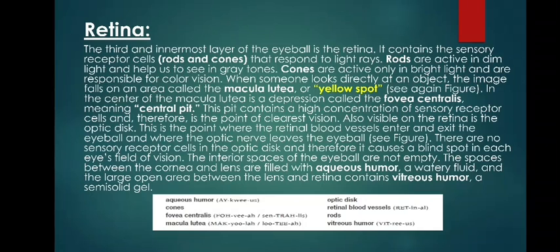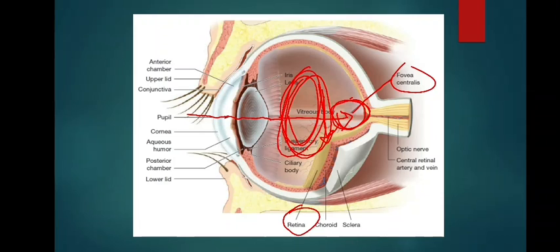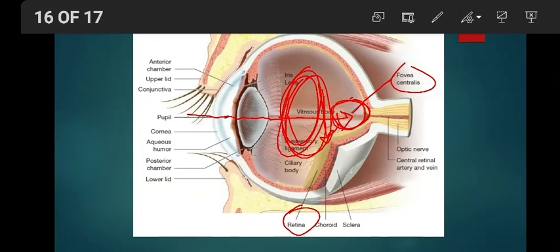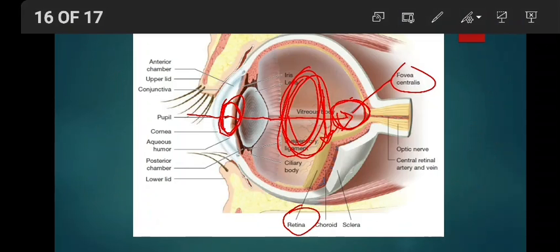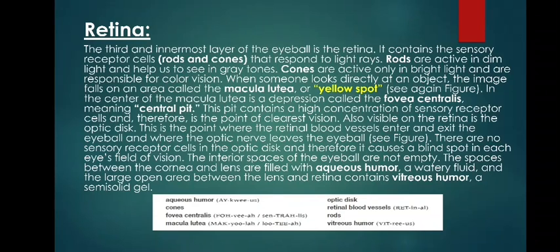Once again, the space between the cornea and the lens contains the aqueous humor, while the other space contains the vitreous humor.